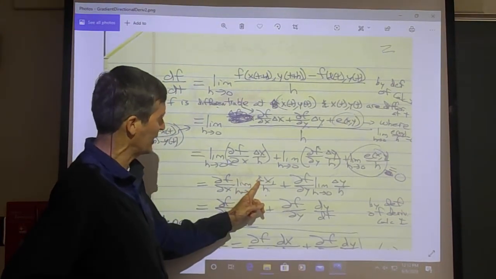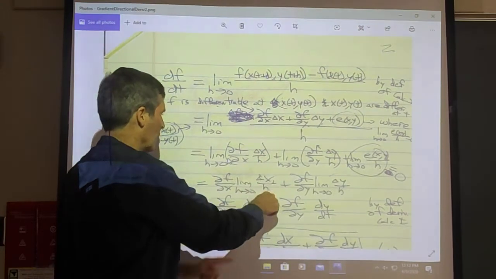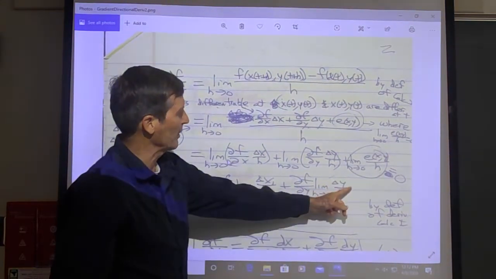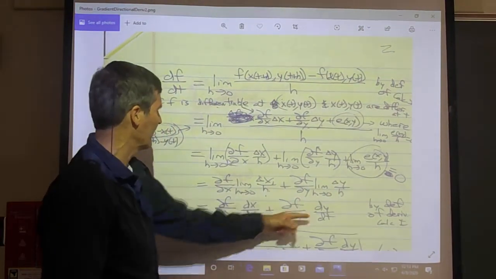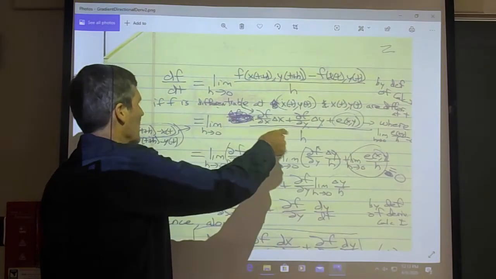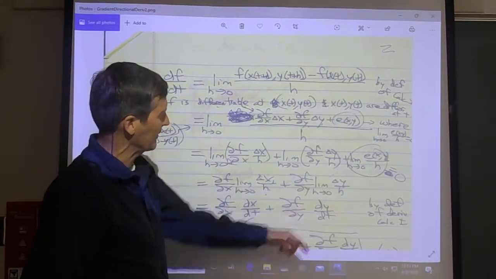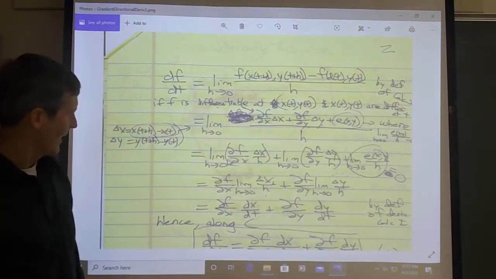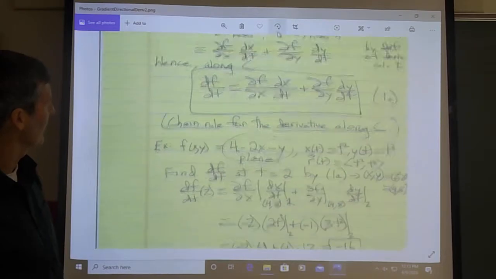This is x of t plus h minus x of t all over h, and this is y of t plus h minus y of t over h. By definition, that's the ordinary derivative, and so we get the chain rule out of this. The rate of change of f along a curve is just the chain rule, df dx dx dt plus df dy dy dt. And that gives us this special case of the chain rule that we had before.